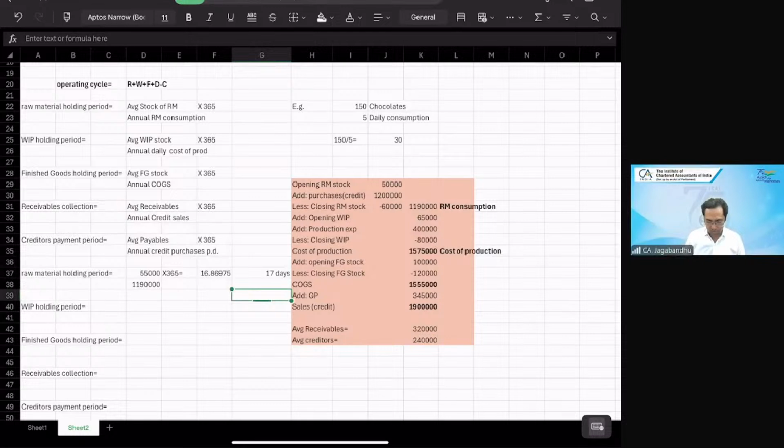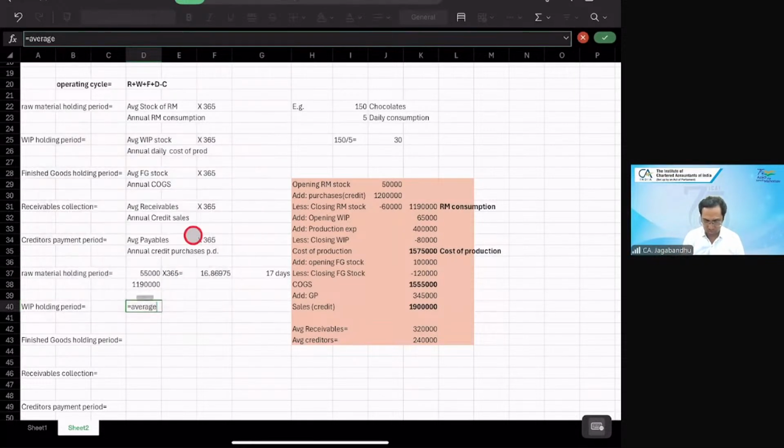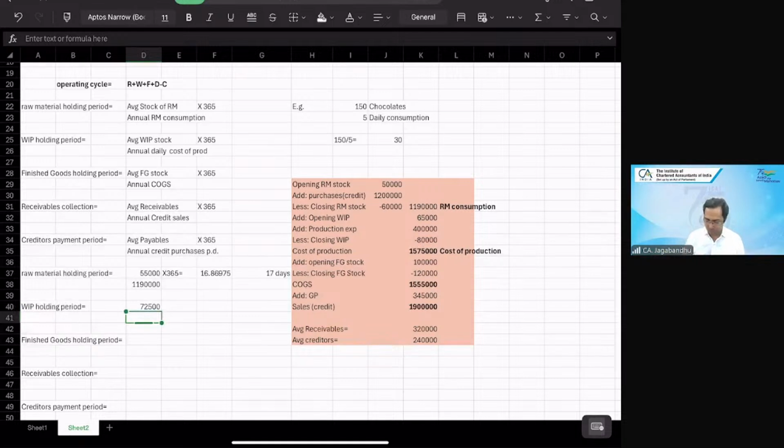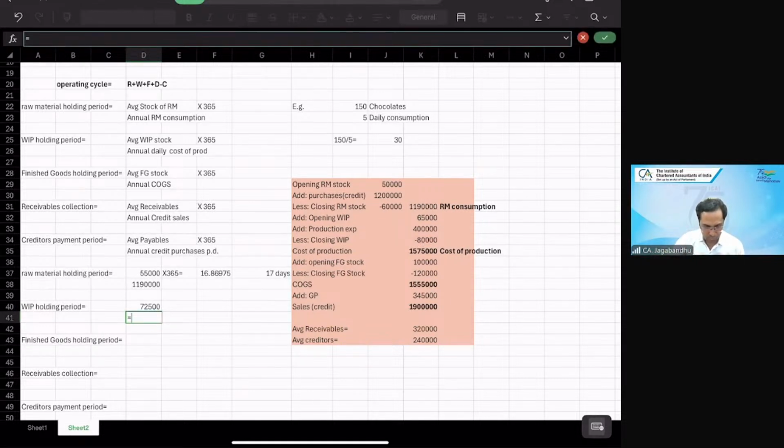Then WIP holding period will be the average of WIP stock, which is 65, and this particular number. So average is 72,500, and we take this as annual cost of production.